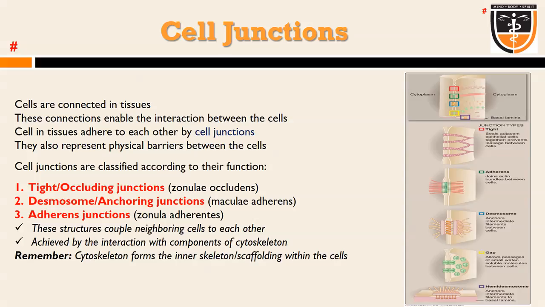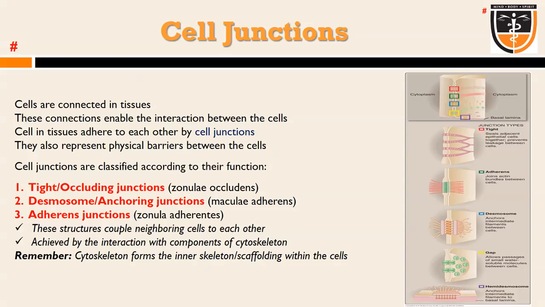Next is the adherens junction, or zonula adherens, which is second from the top. These ones I really like, because they're cool. The idea is that these structures couple neighboring cells to each other. Look, it's achieved by the interaction of two cytoskeletons. This is the cytoskeleton of one cell, and this is the cytoskeleton of the other cell. In between are transmembrane adhesion proteins that we see here, and these transmembrane proteins will connect one cytoskeleton to another cytoskeleton.